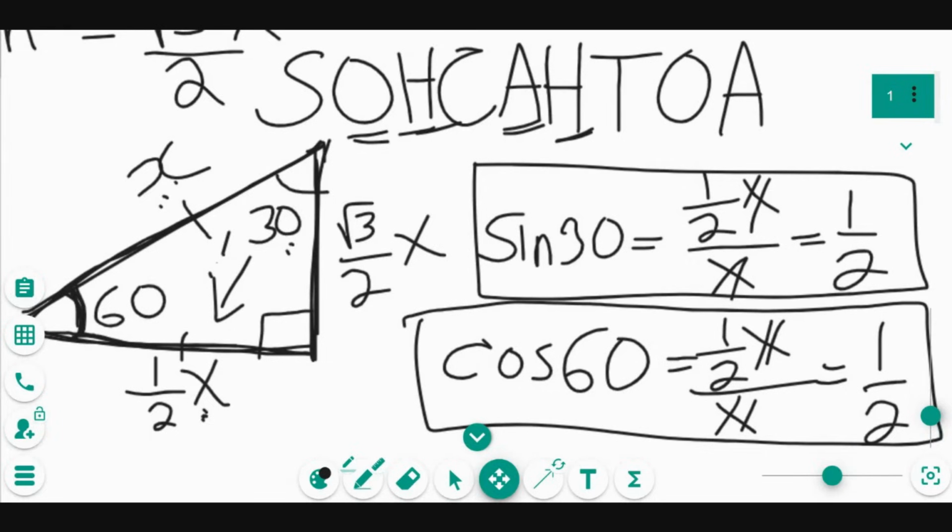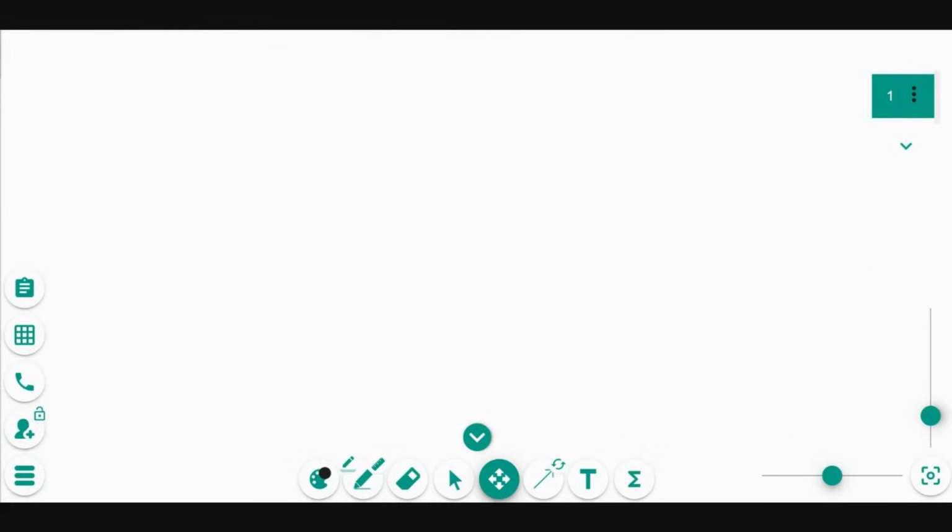Okay, that is those two angles proven. To prove the one for 45, I am going to draw for us a right angle triangle where two sides are equal. We have proven two of them.